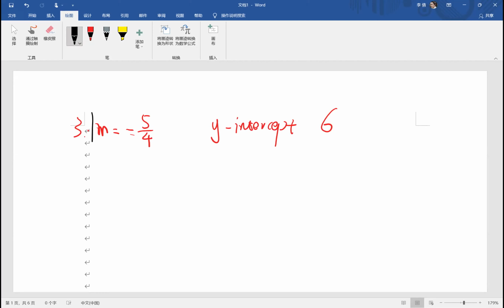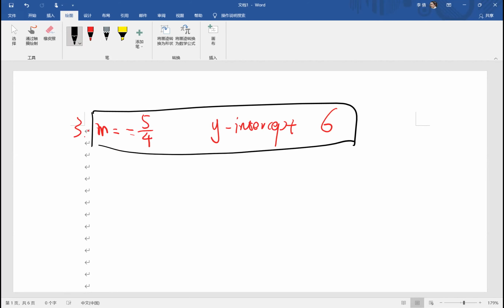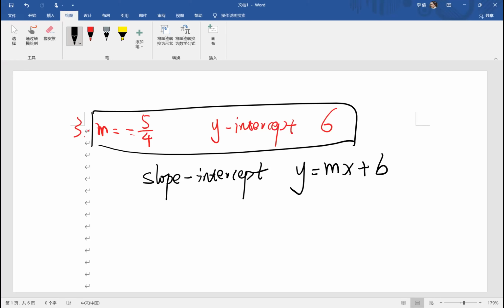When we want to write the equation for this line, we can use the slope-intercept equation, y is equal to mx plus b, right? The m is the slope of this line, and the 6 is the y-intercept, so b is equal to 6, right?